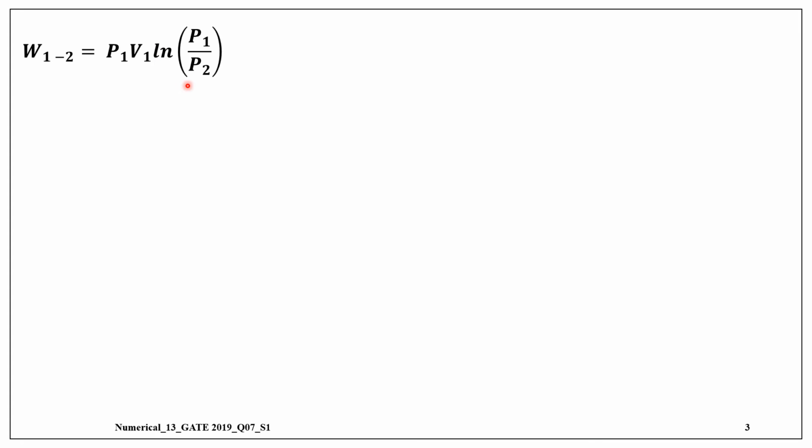We know for an isothermal process, work done between the end states 1 and 2 is given by the formula P1 V1 ln P1 by P2.